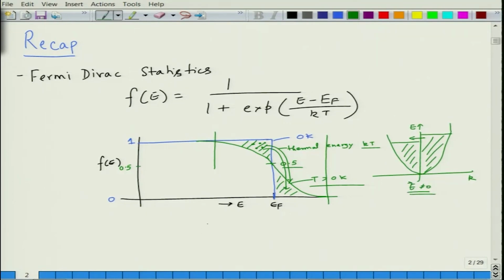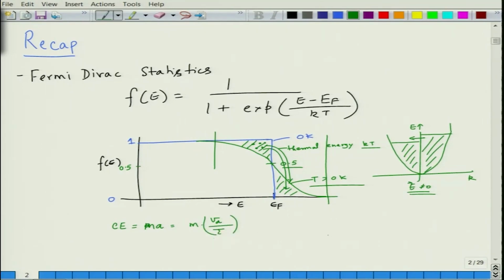Okay, and then we looked at what happens when you apply an electric field. Electric field gives rise to acceleration, ma, but you cannot have infinite acceleration. So as a result a is replaced by drift velocity, which is the averaged-out velocity divided by relaxation time tau.